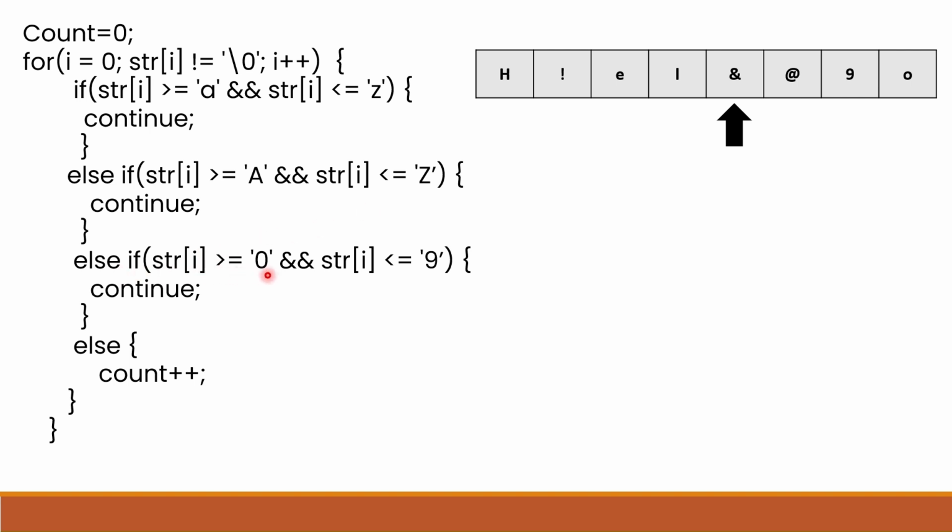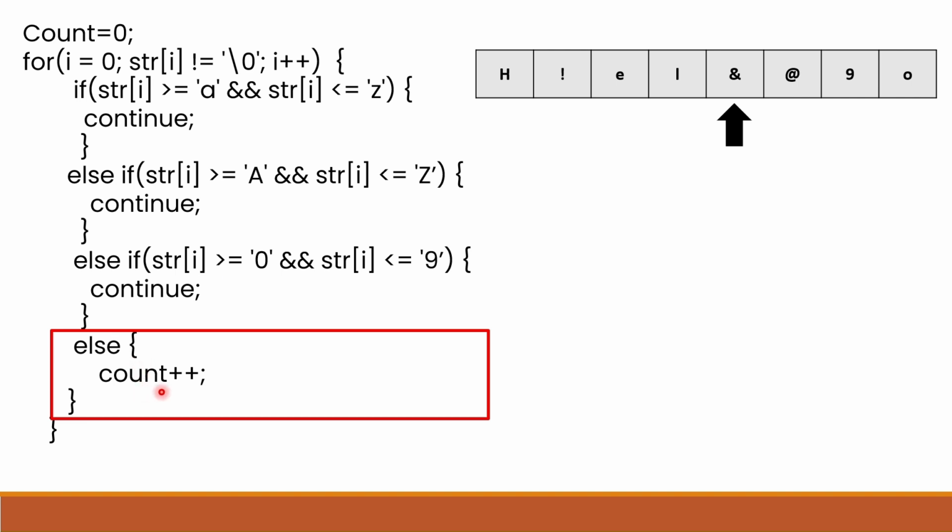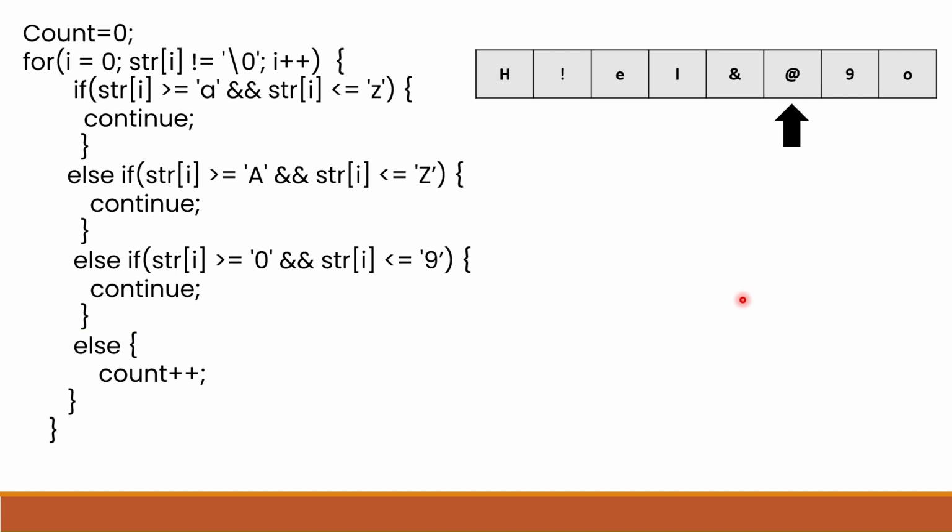And in the next else if loop, we have to check if str of i is a digit. No, str of i is not a digit too. And so we have to go to the else loop and we have to increment the count, and the present value of count is 1. Here, after incrementing the count, you're going to increment the count to 2. So we have to go to the next iteration after this.